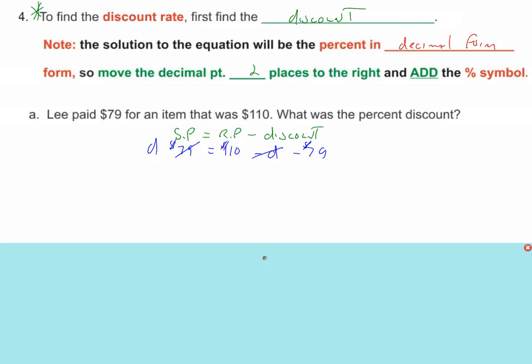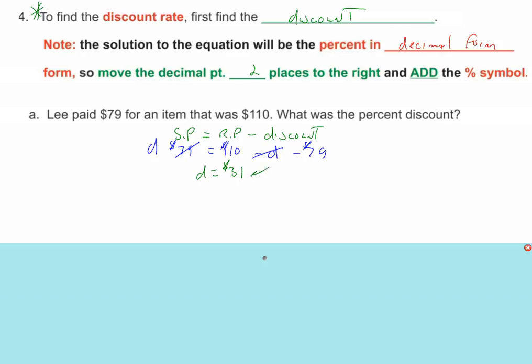It's so simple. The negative D on the right became a positive D on the left. The positive 79 became a negative 79. Go ahead and take the 110 and subtract from it 79. And what do you get? $31? $31 is our discount.